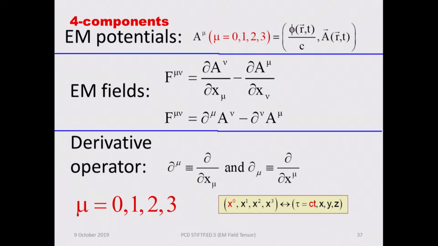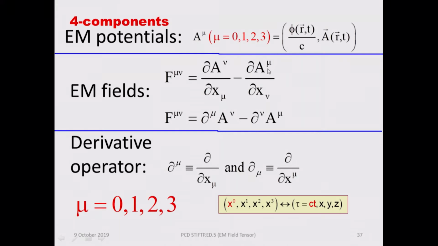So, you see that if you operate on these potentials by the derivative operators, you take the partial derivatives with respect to x, where x is one of the 4 dimensions including time. So, you have the 4 dimensions which are ct, x and y and z, right, which are represented as x0, x1, x2 and x3, and you can take the derivatives of the potentials and then find the corresponding fields.